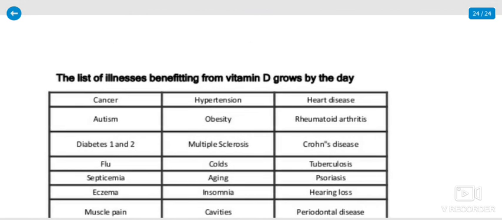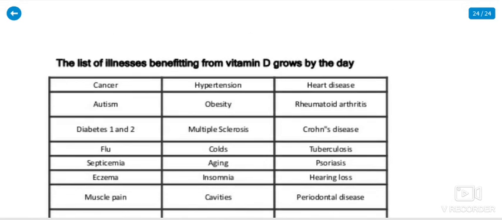So many diseases, the list of illnesses benefiting from vitamin D grows by the day.